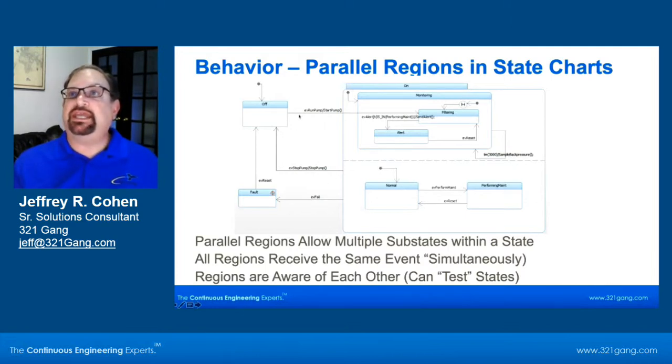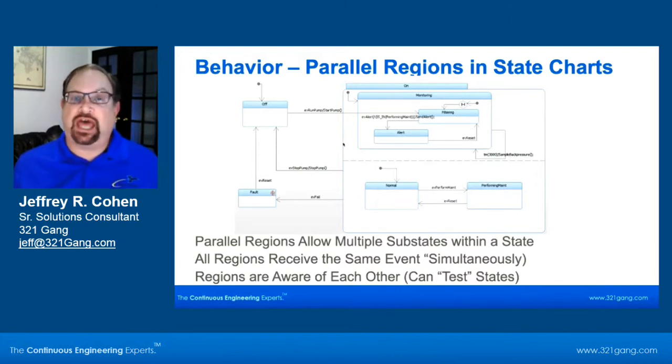A transition in will take you into the on state, and it will take you to where you would be in each of these as though they were independent states. Now, what's cool about this is they can be aware of each other, or they are aware of each other.